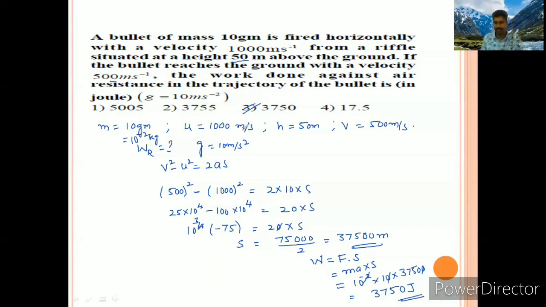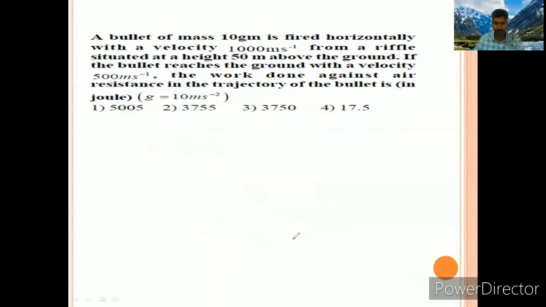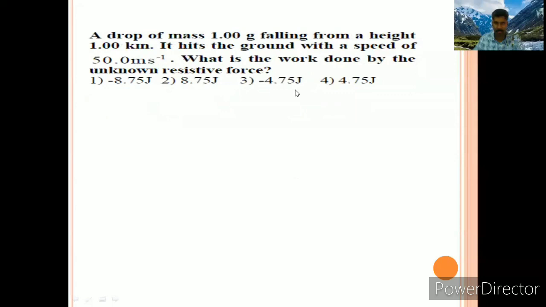Next problem. A drop of mass 1 gram, nothing but 10 to the power of minus 3 kg, is falling from a height. Initial velocity is 0, it is at rest.